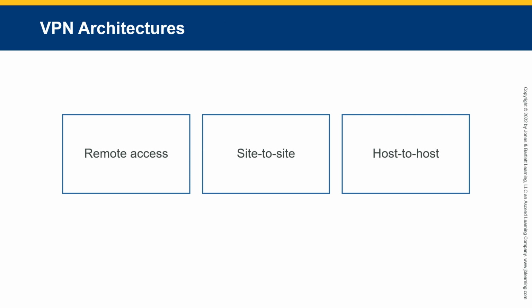Now, the architectures can go from remote access, where multiple users can dial in and connect in, like if you connect into your work, that's a remote access connection. Between different sites, we call it site to site, where the VPN is underlying and it's not known to your users.